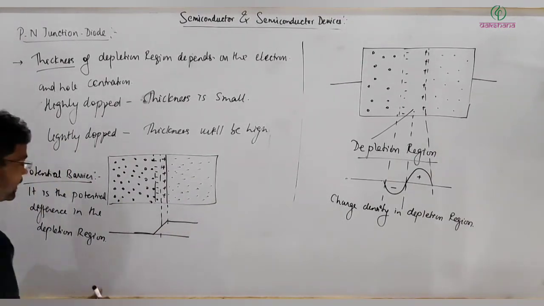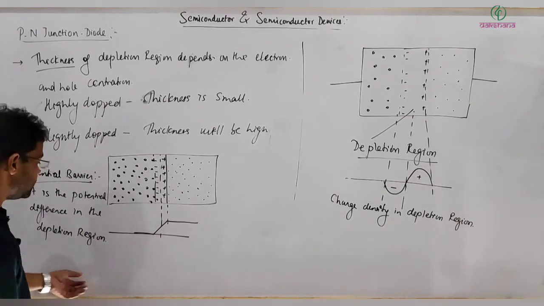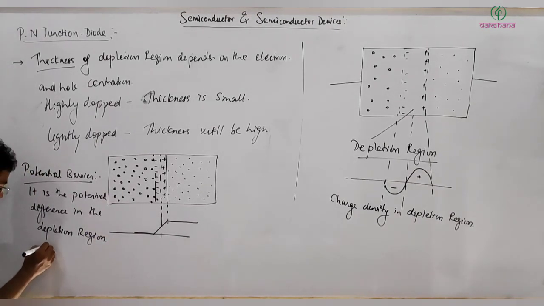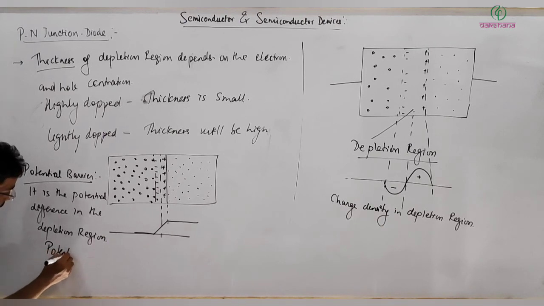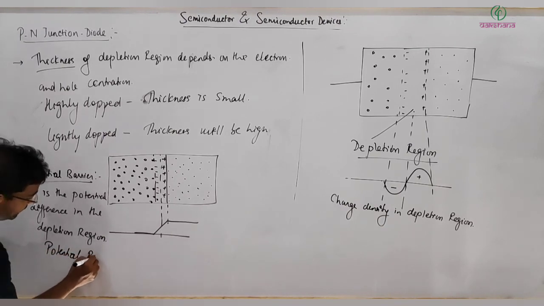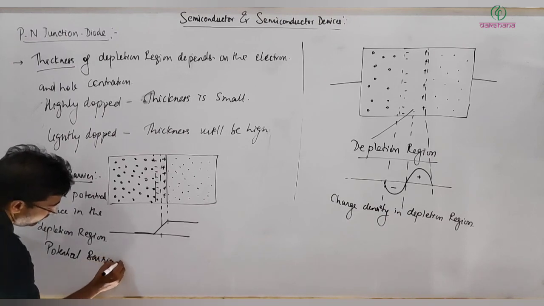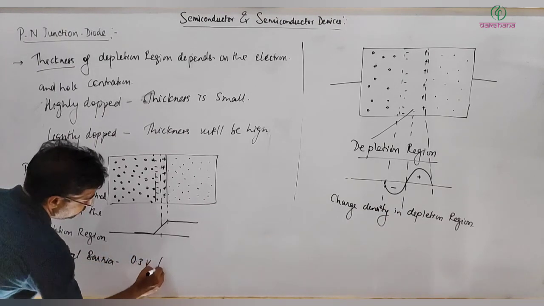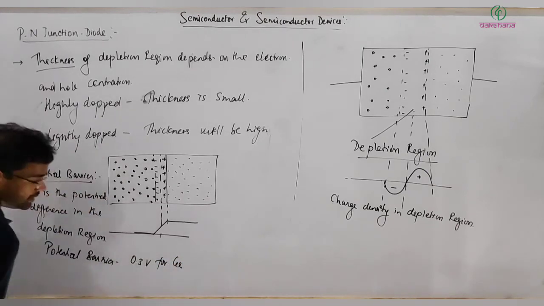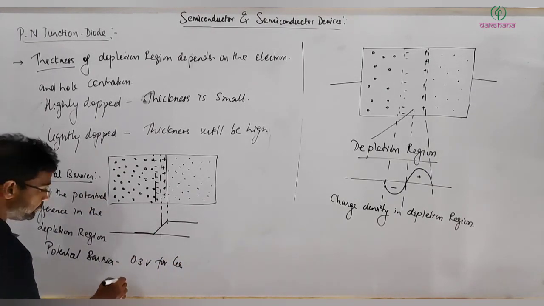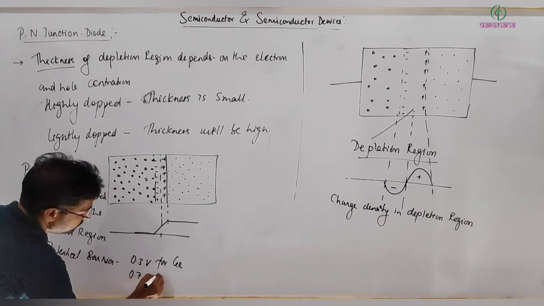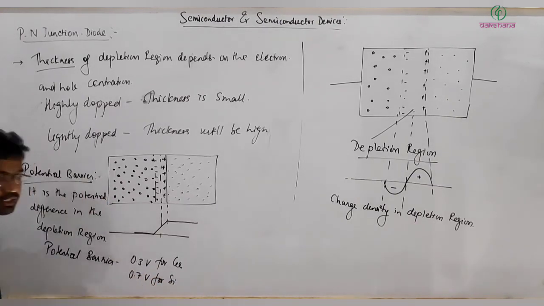This potential barrier depends on the semiconductor. It's 0.3 volt for a germanium semiconductor or germanium p-n junction, and 0.7 volt for a silicon p-n junction.